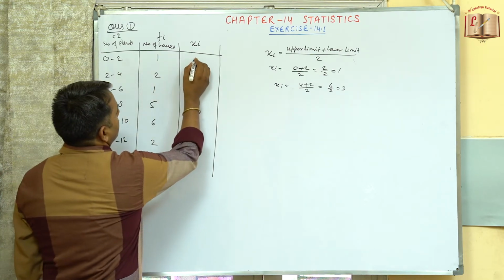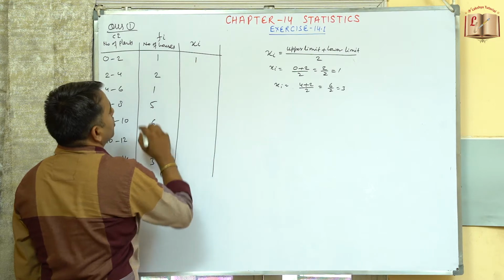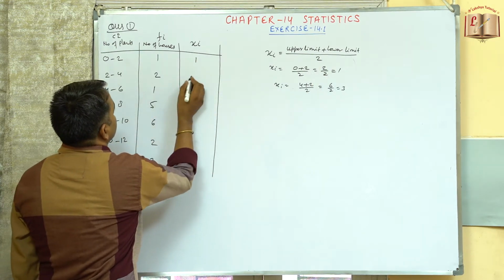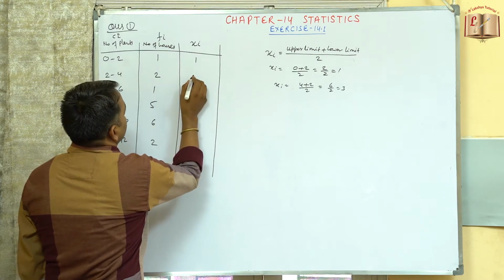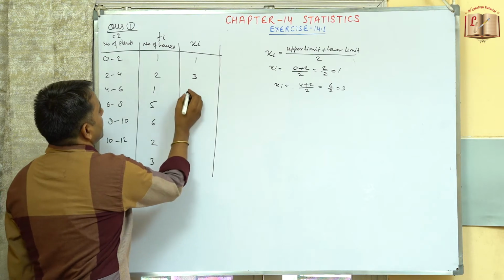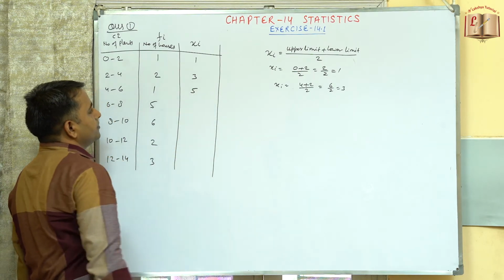So for this 2 by 2 is 1. For this 6 by 2 is 3. And next this will be 10, so this will be 5.